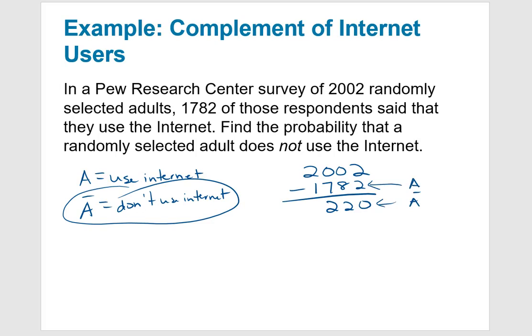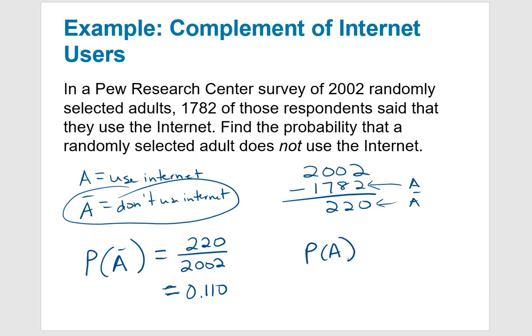So that's the thing about probability. So if I want to find the probability of A bar, it's going to be 220 over 2002, which turns out to be 0.110 approximately.